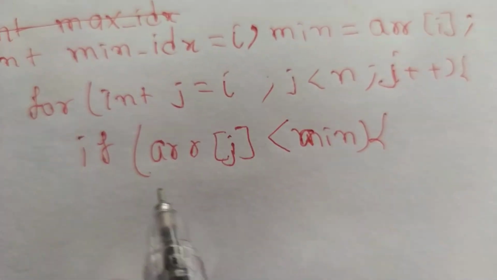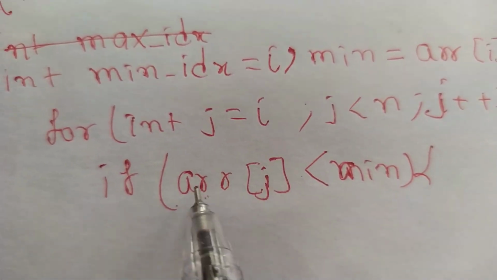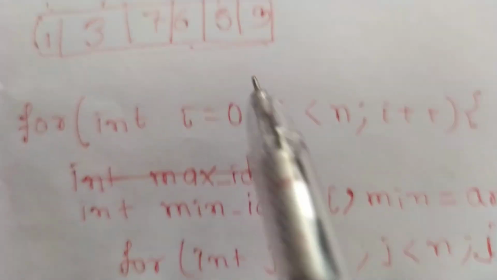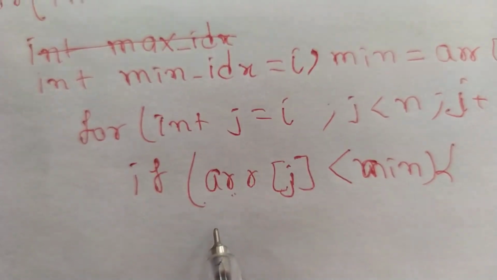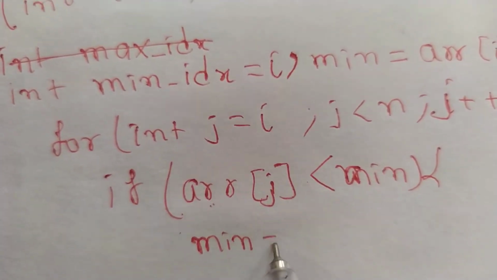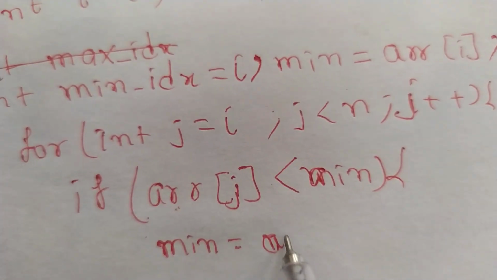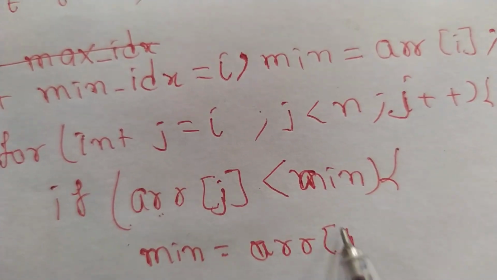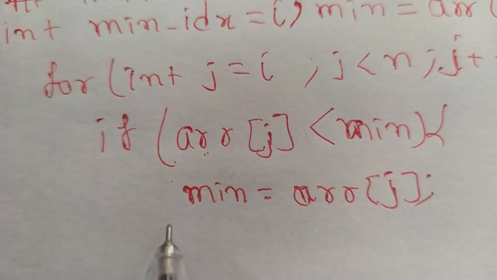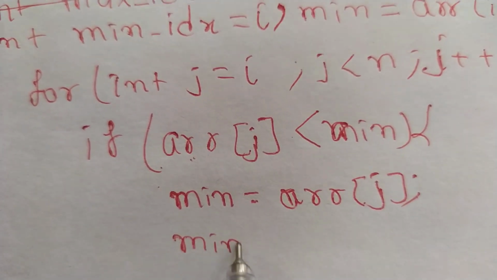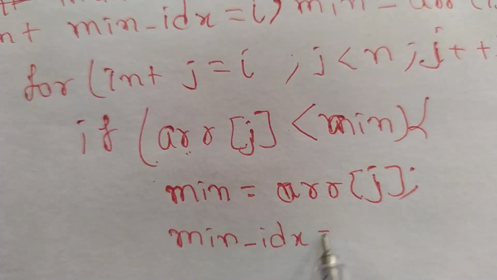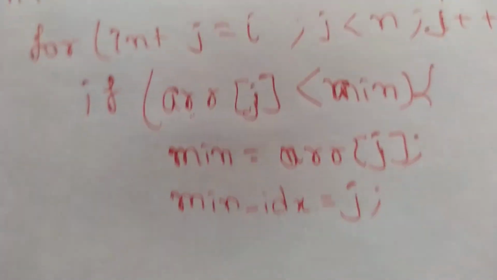So we will be each time comparing the present element with the minimum. Then if it is found, we will assign the minimum element to the present one, and we will be storing its index. The minimum index would be j.